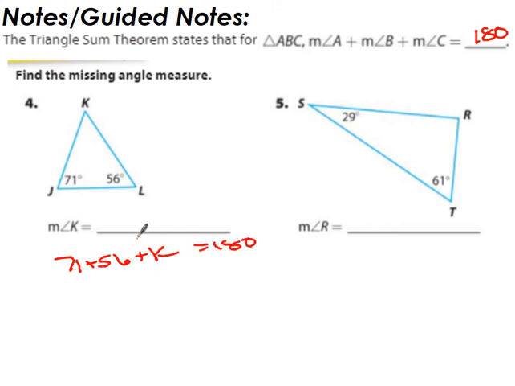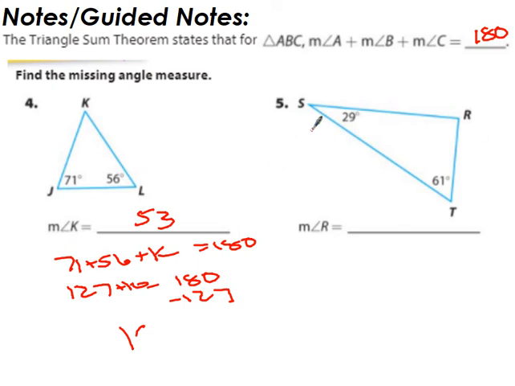I'm setting it up like an equation, but really we're just adding 71 and 56 together. When I add 71 and 56, I get 127 plus K equals 180. Then we subtract 127. So angle K is equal to 180 minus 127, that's 53. And we're done.